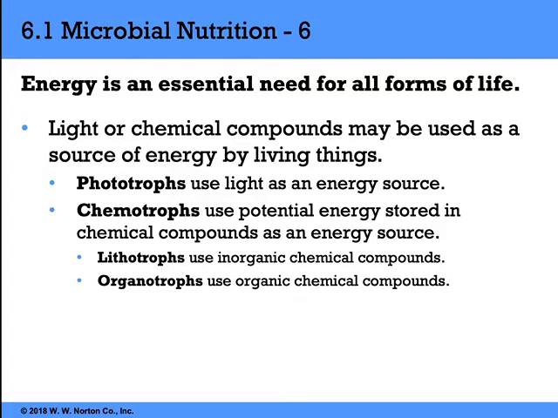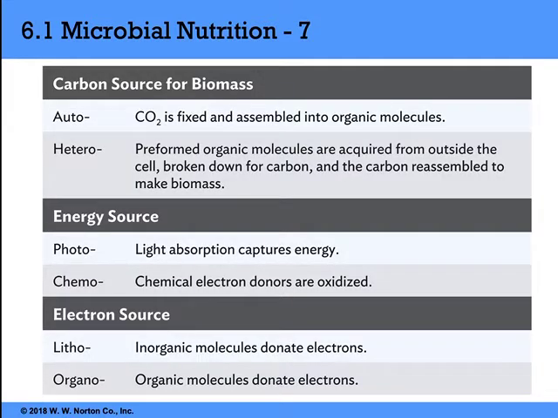Okay, examples of components that lithotrophs might use for power include hydrogen gas, hydrogen sulfide, ammonium, nitrate, and ferrous iron. Okay, all of those represent reduced forms of either those compounds or those elements, and so they can be oxidized, and when they get oxidized, they're going to give off energy that'll be funneled into some other source.